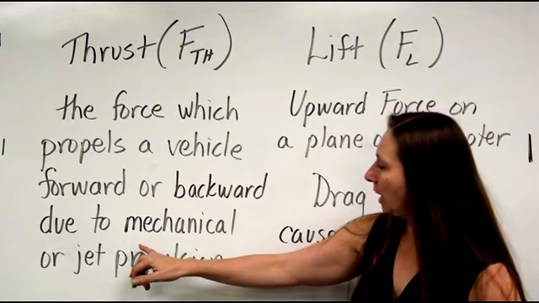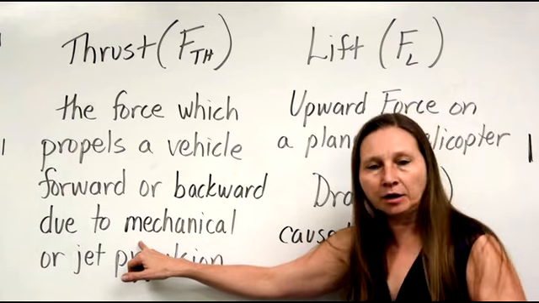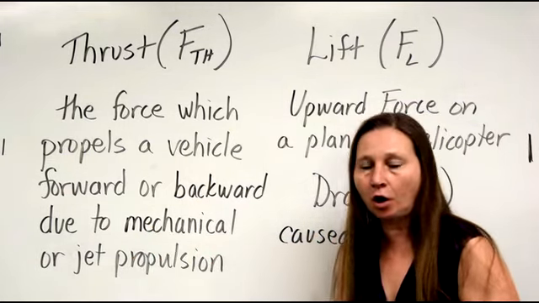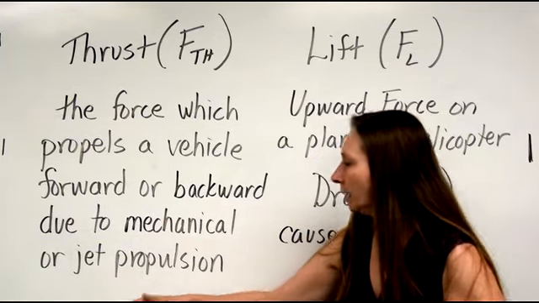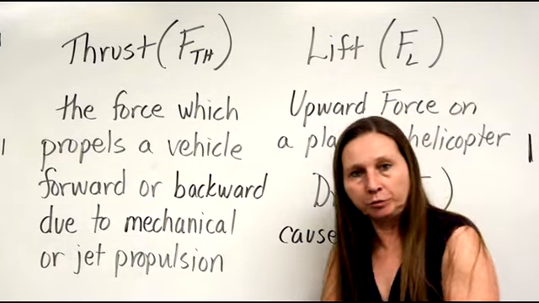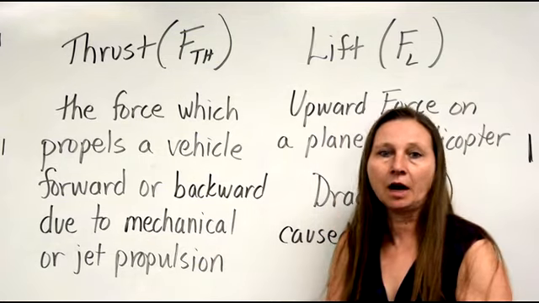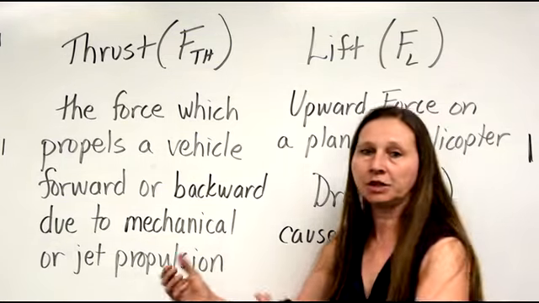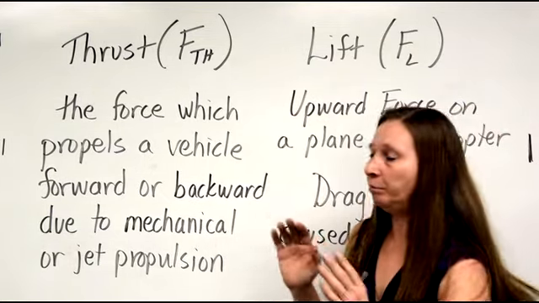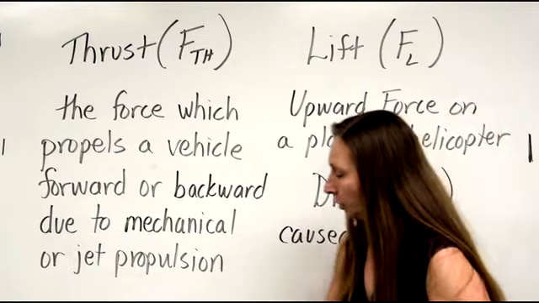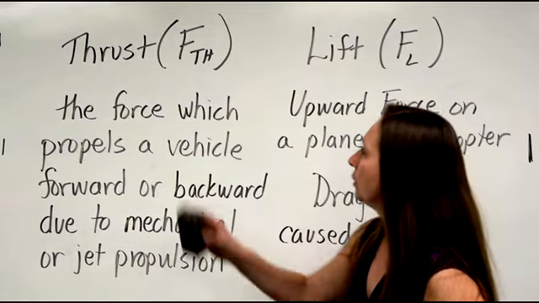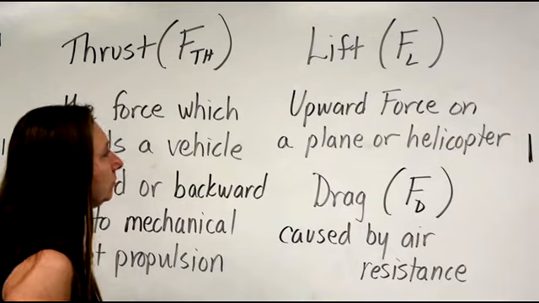Thrust is caused by either mechanical propulsion, as in the case of a car, or gases coming out the bottom of a rocket and, due to Newton's third law, pushing the rocket up, or gases coming out the jets of a jet airliner and pushing the jet forward due to Newton's third law. And we will get into Newton's third law later. So that would be thrust.